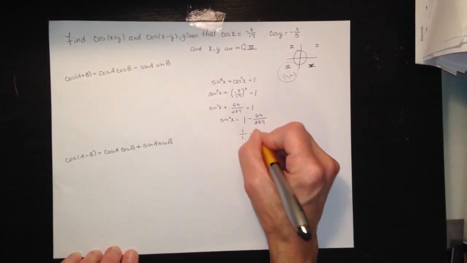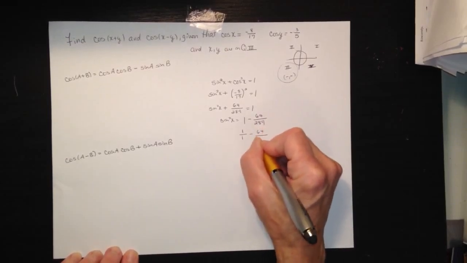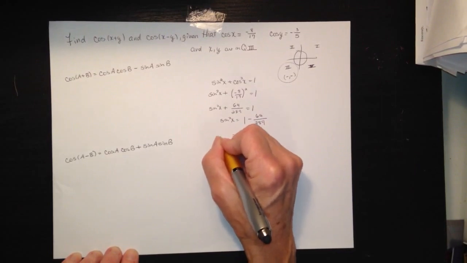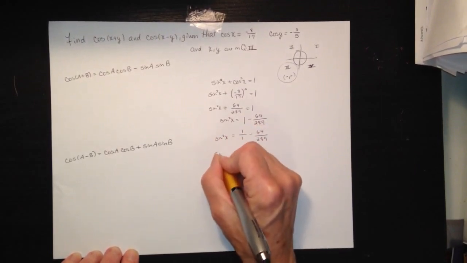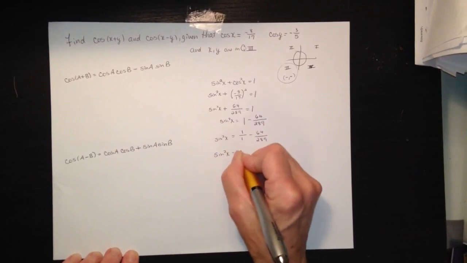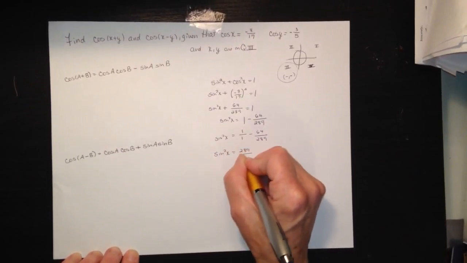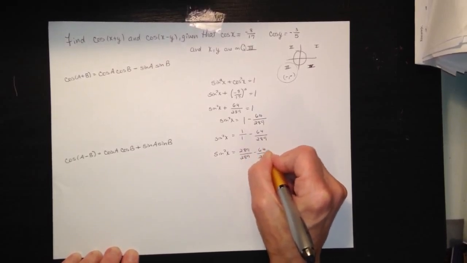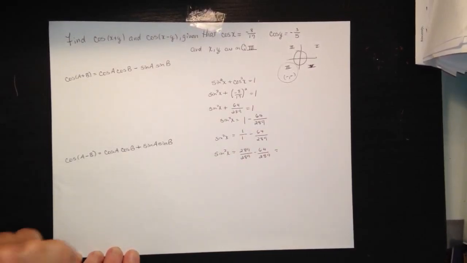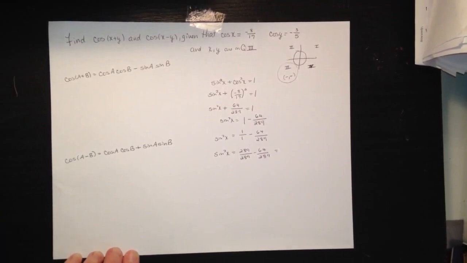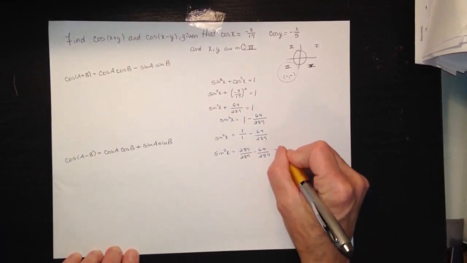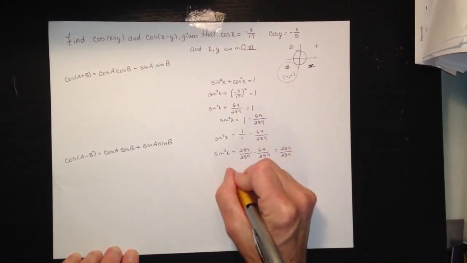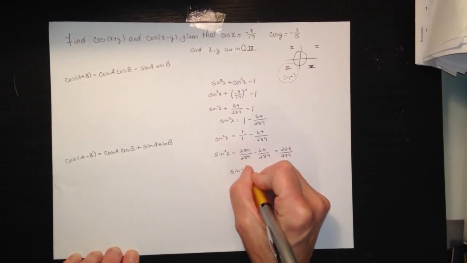I need a common denominator of 289. So the sine squared of x is equal to 289 over 289 minus 64 over 289, and that is equal to 225 over 289.